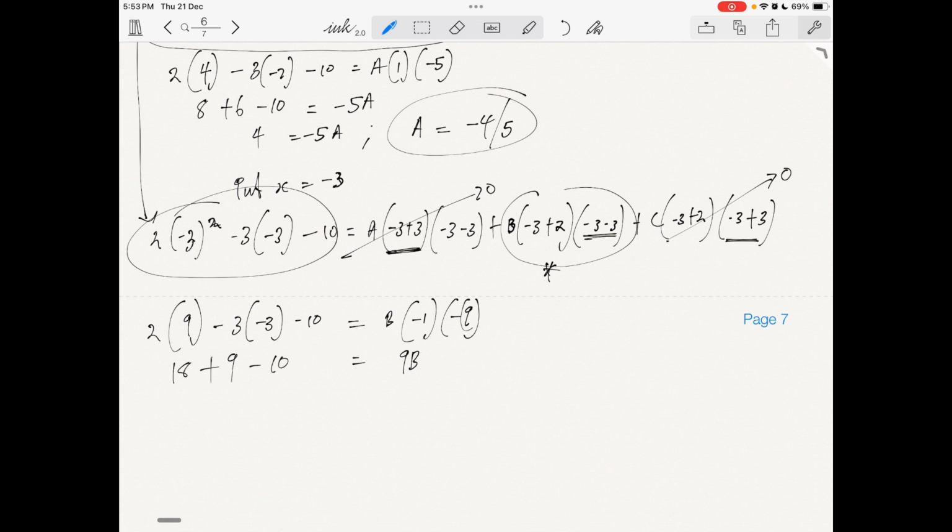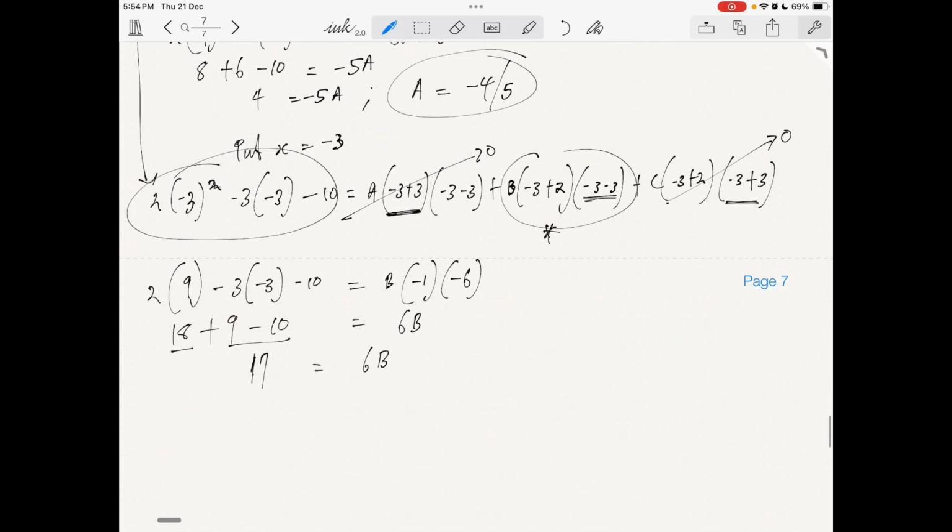So minus 1 multiplied by minus 6 will give us 6b. Here we will have 18 plus 9 minus 10, which is 17, which will give us 6b. So definitely our b is equal to 17 over 6.